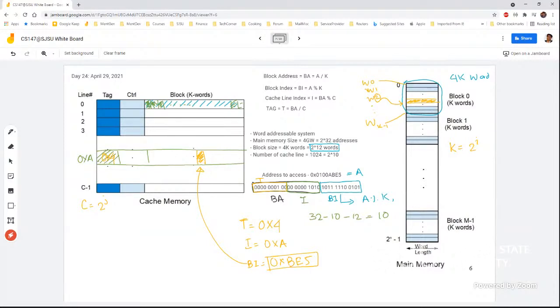Yes, sir. Thank you. And the tag, the processor can use that to detect if that's the specific memory block that they want to access, right? It's like a small sample of the data inside of the block.